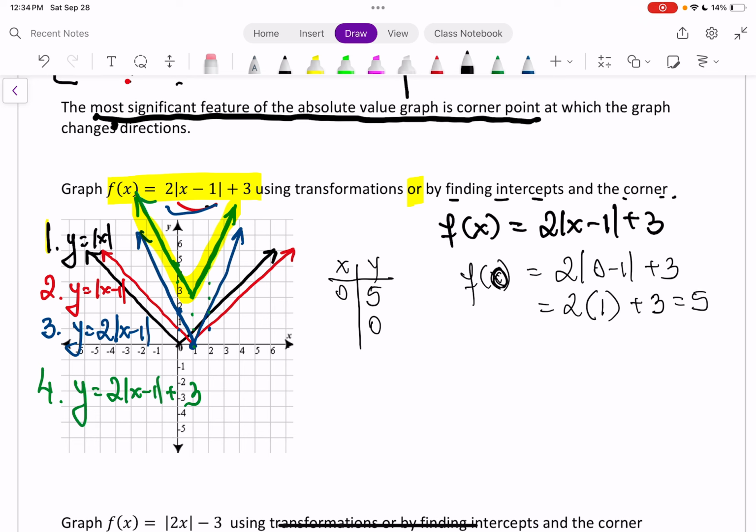In other words, this graph is going to cross through the y-axis at 5. Okay, we have 1 point on the graph. Actually, that's the point right here. Now, to make y equal to 0, that means I need to solve this equation.